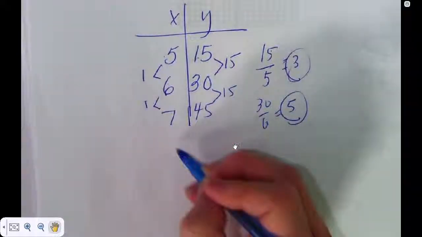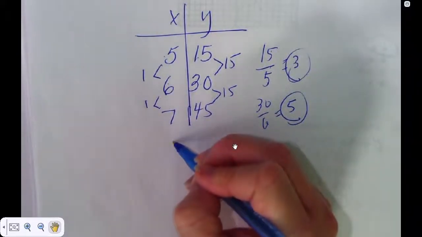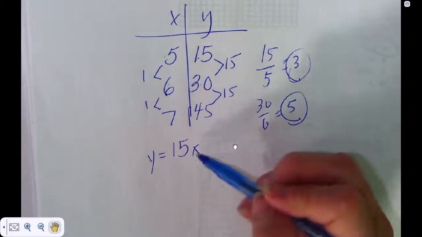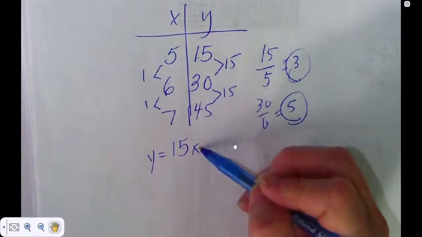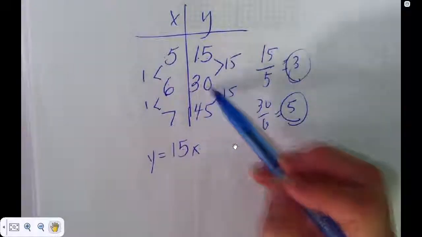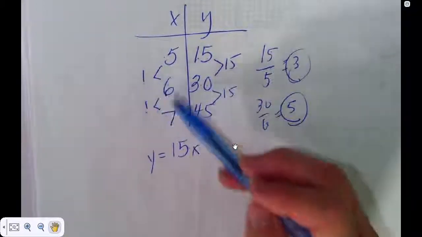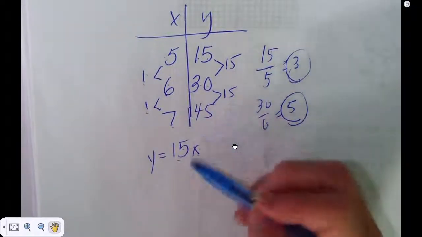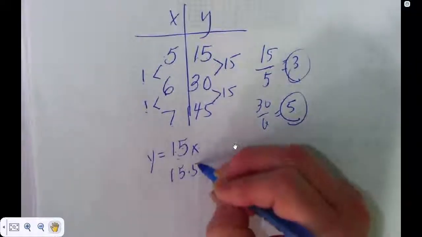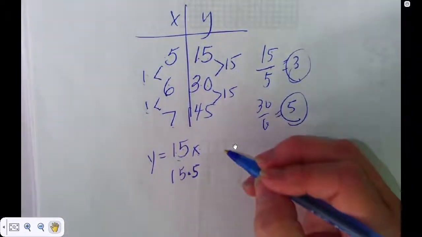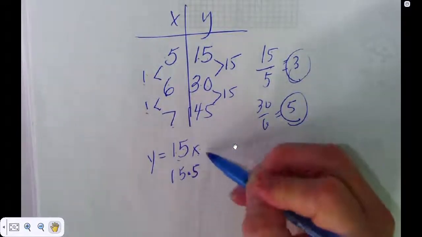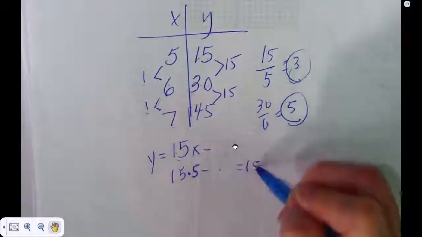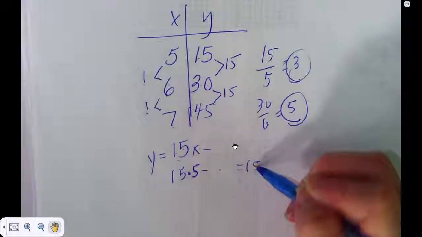So what is my slope, rate of change? 15 over 1. So 15x. So 15 times 5 is what? 75. We have to subtract something to get all the way to 15. 75 minus what is 15? 75 minus 60.